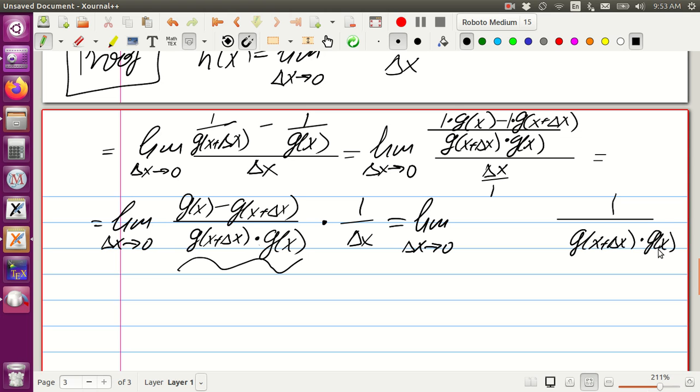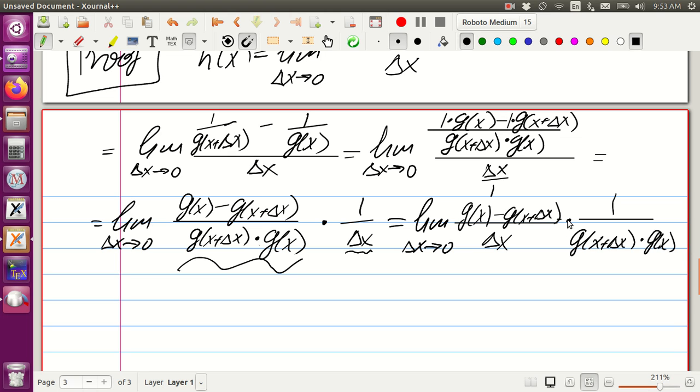Then I still have my numerator, which is g of x minus g of x plus delta x, divided by delta x from here. So everything looks great, but actually I can write it as a separate fraction and write it as a product.